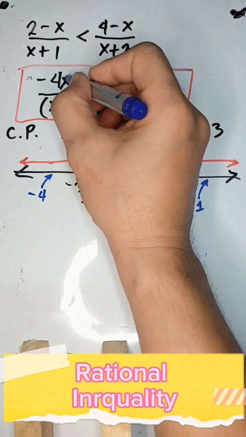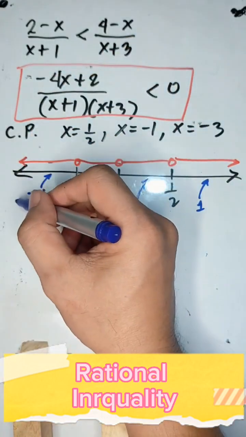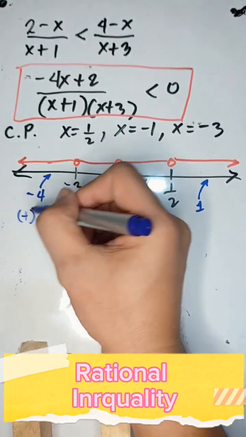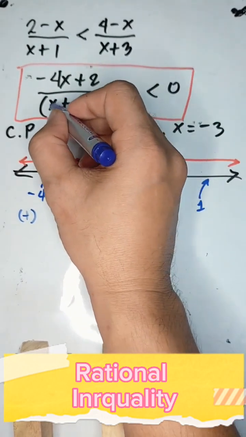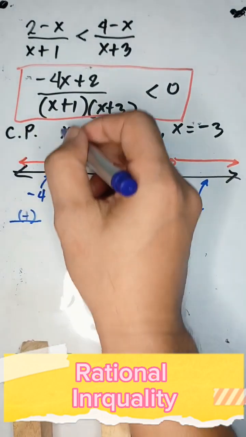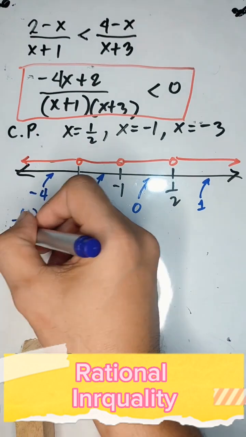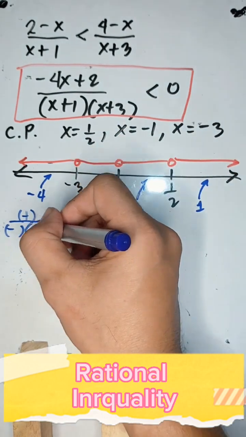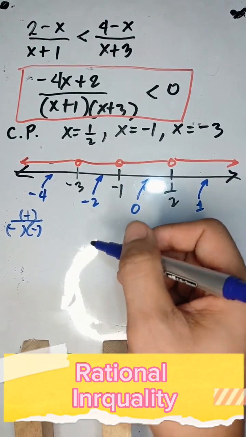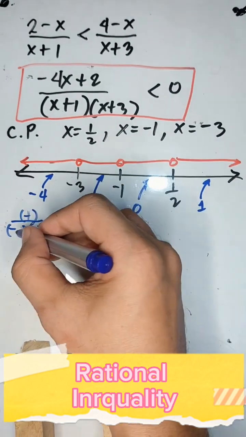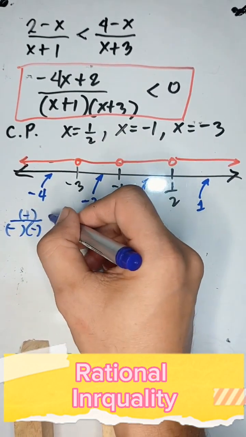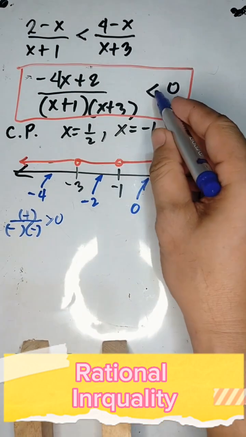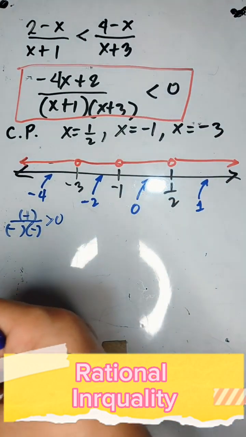So when x is negative 4, negative 4 times negative 4, that's positive, plus 2, still positive. Then negative 4 plus 1, that's negative 3, then negative 4 plus 3, that's negative 1, so the denominator is positive. So positive divided by positive is positive. And since the inequality here is less than 0, this one is false.